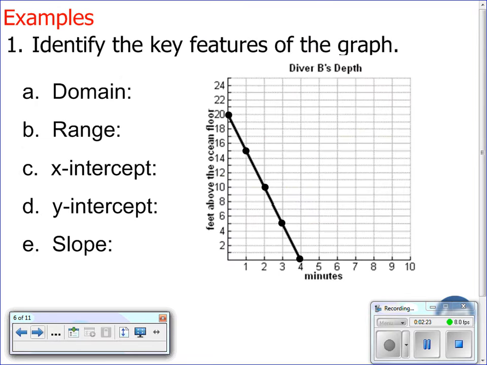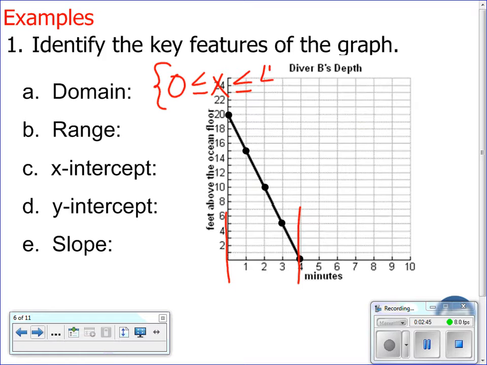So some examples. Identify the key features of this graph. In this particular one, our domain goes from here to here. So we would write the domain as 0, including 0, to 4, including 4.